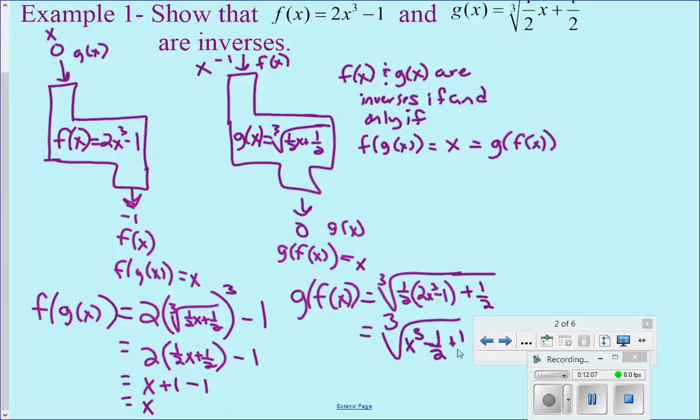And then I have plus 1/2. Well, negative 1/2 and positive 1/2 cancel out, and I'm left with the cubed root of x cubed, and the cubed root of x cubed is x. So because we got f of g of x equaling x and g of f of x equaling x, we can say that f of x and g of x are inverses.